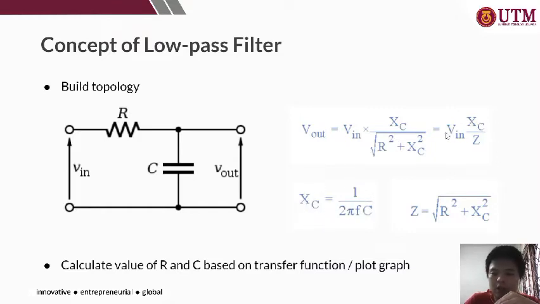Look at this formula, Vin times Xc over Z. Once the value of Xc is decreased, the voltage out will be decreased also. So that's some basic concept of the low pass filter. If I increase the frequency, the voltage out will be decreased, based on the formula that I stated here.